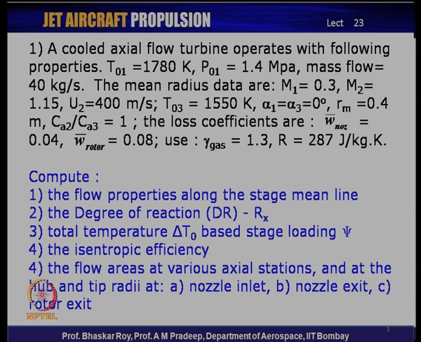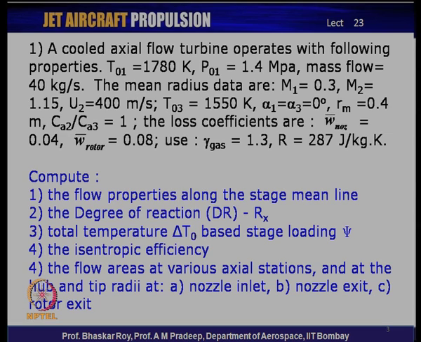Given other thermodynamic parameters, the specific heat ratio gamma is given as 1.3 and the gas constant R is given as 287 joules per kg K. Now, those are standard parameters and they have been prescribed for this problem also.